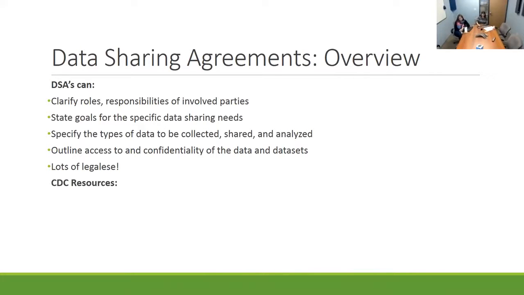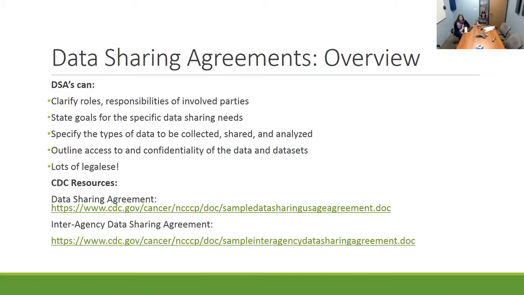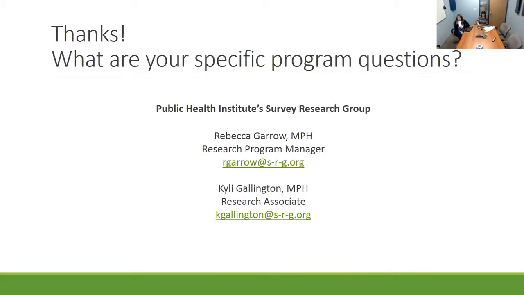The Centers for Disease Control and Prevention does have some good resources. If you just need a starting point, they have a data sharing agreement and also an interagency data sharing agreement. These are just templates that you can download online. You may not use them exactly, but at least they can give you an example of some of the templates that CDC uses for agreements and interagency data sharing agreements.